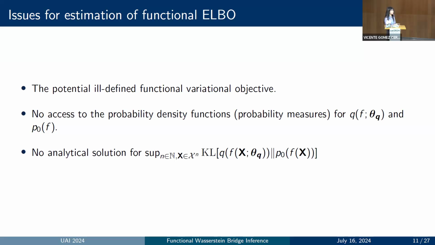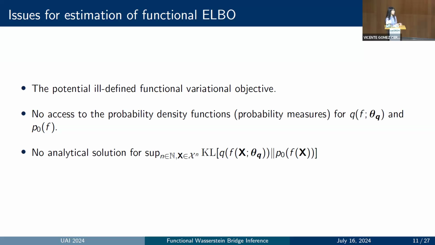structures can be infinite. The second problem is the implicit probability density functions or probability measures for Q of F and the P0 of F. We know that the explicit PDFs for some stochastic processes are intractable, such as that for a BNN or for some nonlinear functions.